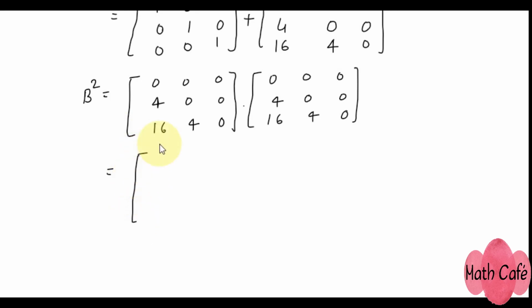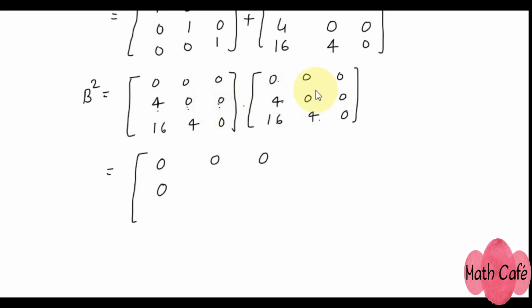Here 0 0 0 multiplied by 0 4 16 will become 0. 0 0 0 multiplied by column 2 will also become 0, and with column 3 that will also become 0.